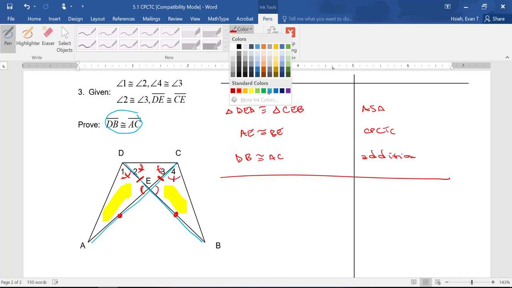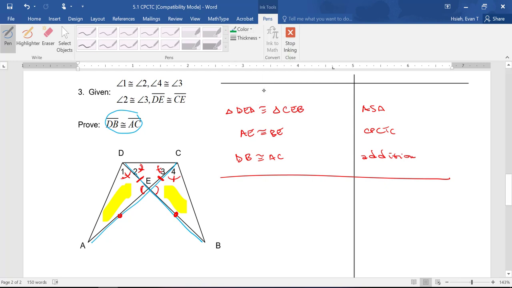Another way I could attack this is I could go after the overlapping triangles here. You see that? This triangle and the other one. Because I already have this angle congruent, I have this side congruent because they're overlapping with each other.